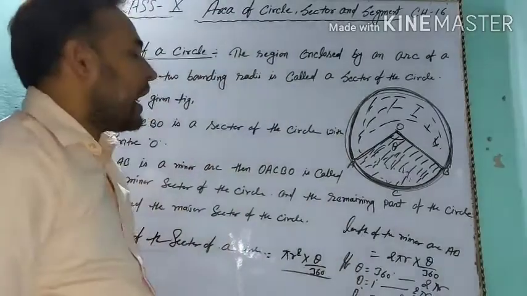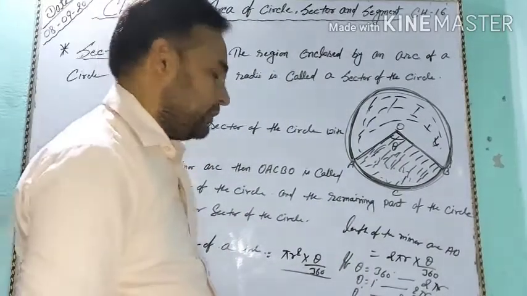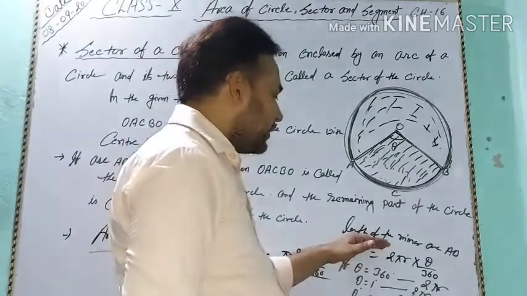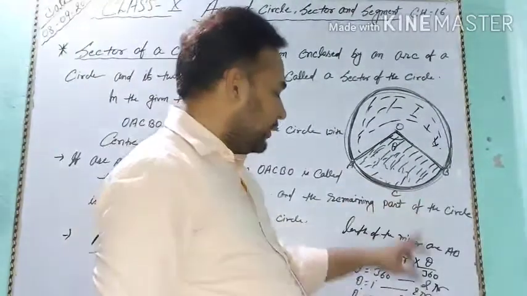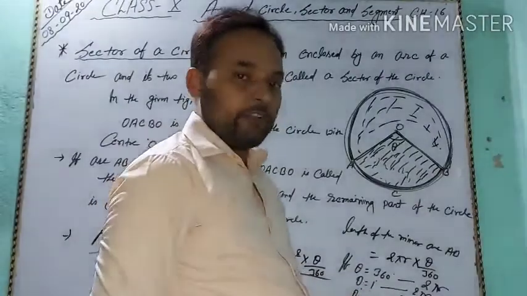So the length of the minor arc is 2 pi r into theta by 360 degrees.